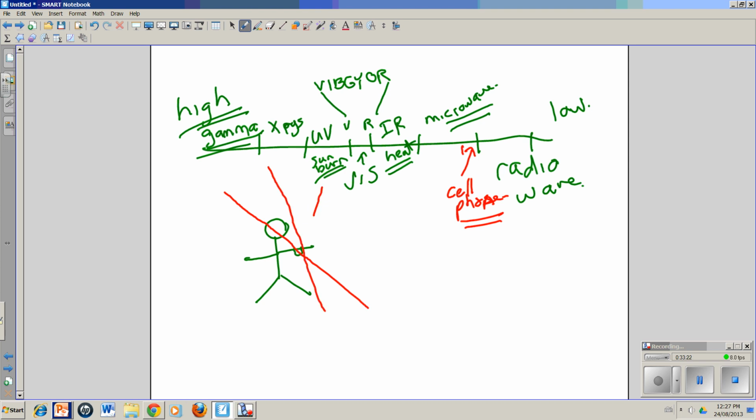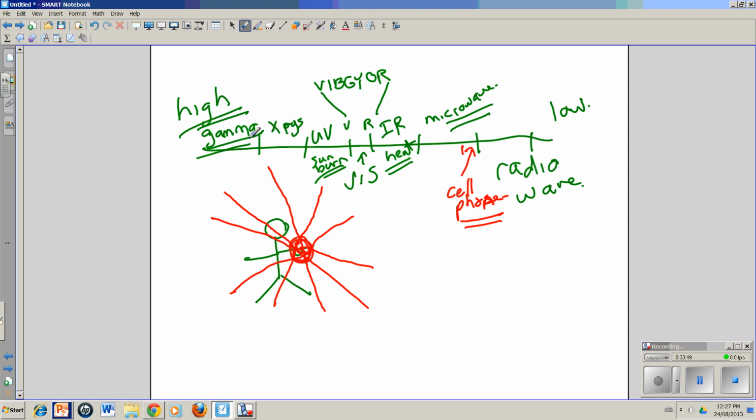The machine will rotate and go through the tumor. So what happens is many, many weak doses will result in a concentrated dose on the tumor, killing the tumor cell, but leaving the rest of the cells hopefully relatively undamaged. So that's the way gamma rays can be helpful.